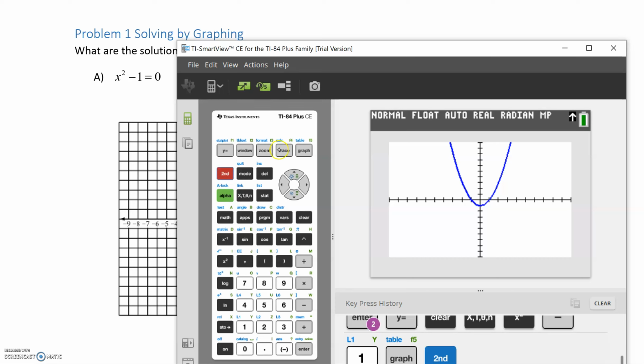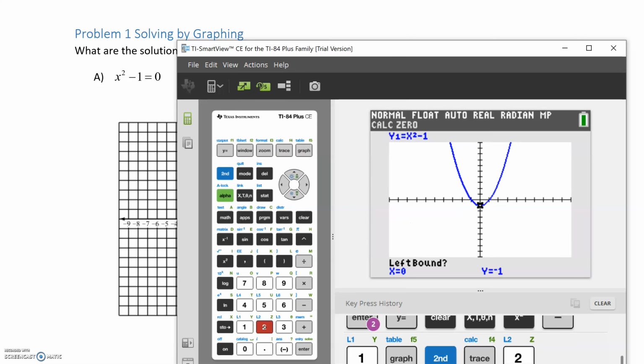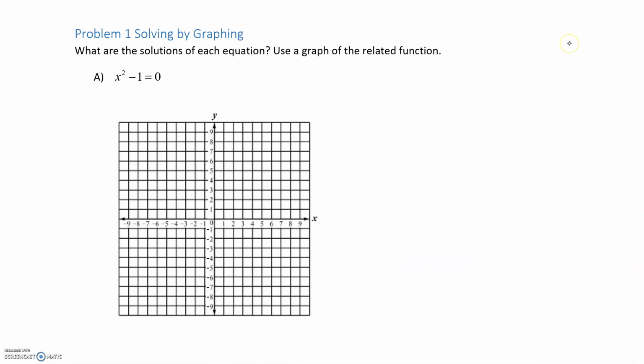If we go second trace, go down to 2, and move our cursor, we want to hit the left bound, on the left side of our first one, and the right bound on the right side, and hit enter. Right now it's telling us that x is -1, so we're going to plot that x equals -1.